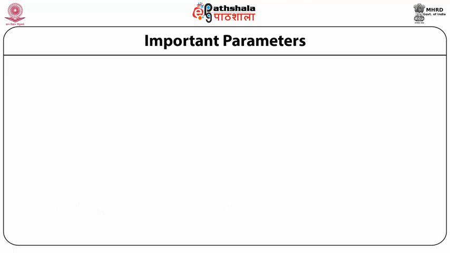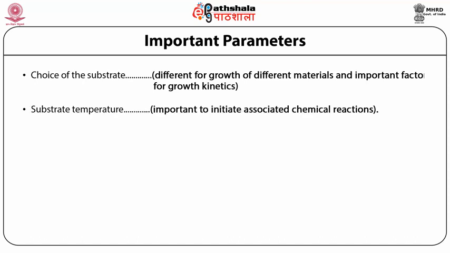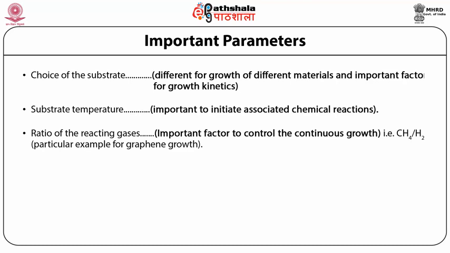Now there are certain important parameters in the case of CVD. First is the choice of the substrate. It is different for the growth of different materials and is an important factor for growth kinetics. Second is the substrate temperature, which is important to initiate the associated chemical reactions. Third is the ratio of reacting gases.